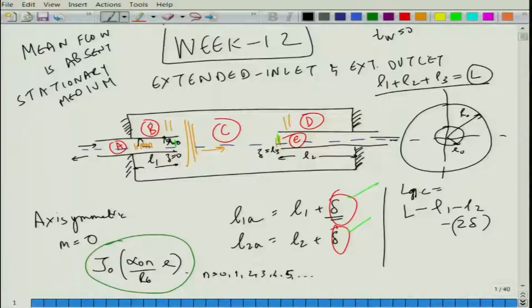So, what we will do is that we will have to worry about the analytical solution for the region B and D annular cavities. They will be the same, the modal summation at least, based on the lengths L1, L2 the net pressure field will be different.